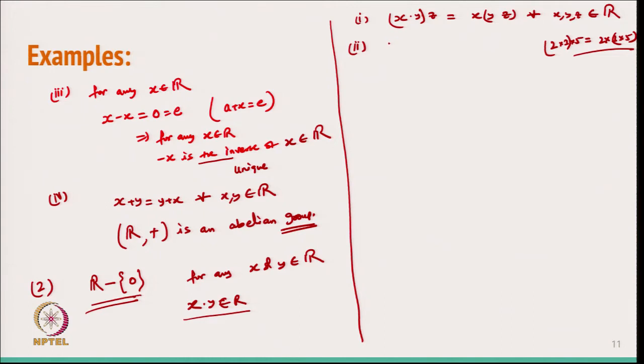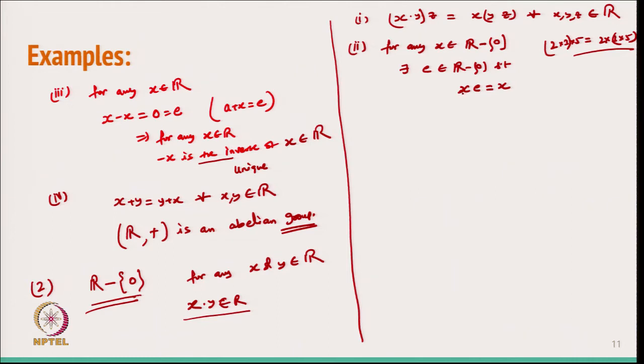Second one is that now I have to find out the identity element E. So, for any x belongs to this set, so it cannot be a 0 element, there should be an element E belongs to this set such that x E should be equal to x. In this case this is only true because it is a real number.